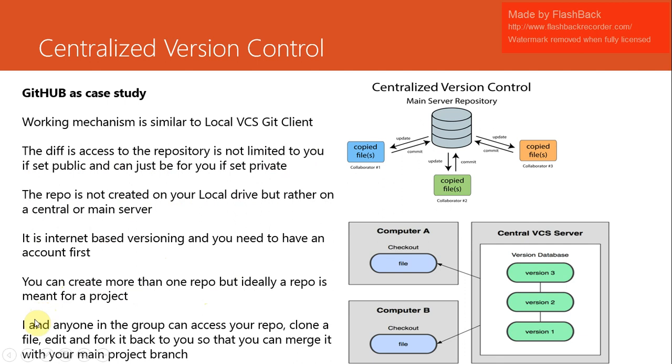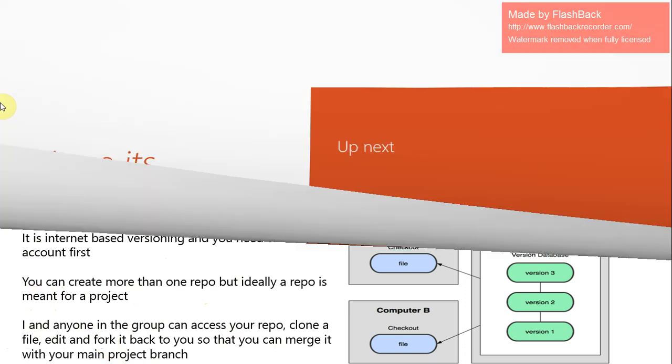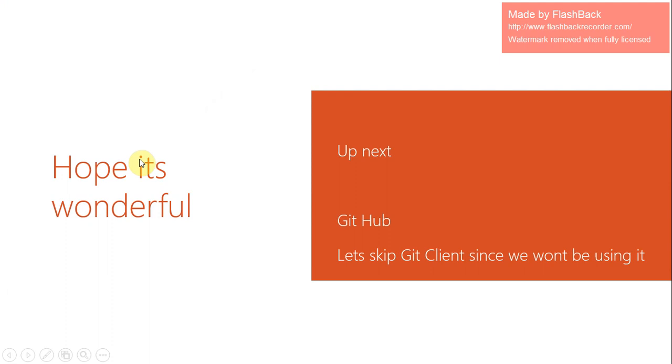That is to say, I and anyone in the group can access your repo, clone a file, edit and fork it back to you so that you can merge it with your main project. When I say fork, I mean F-O-R-K. Take note of that.